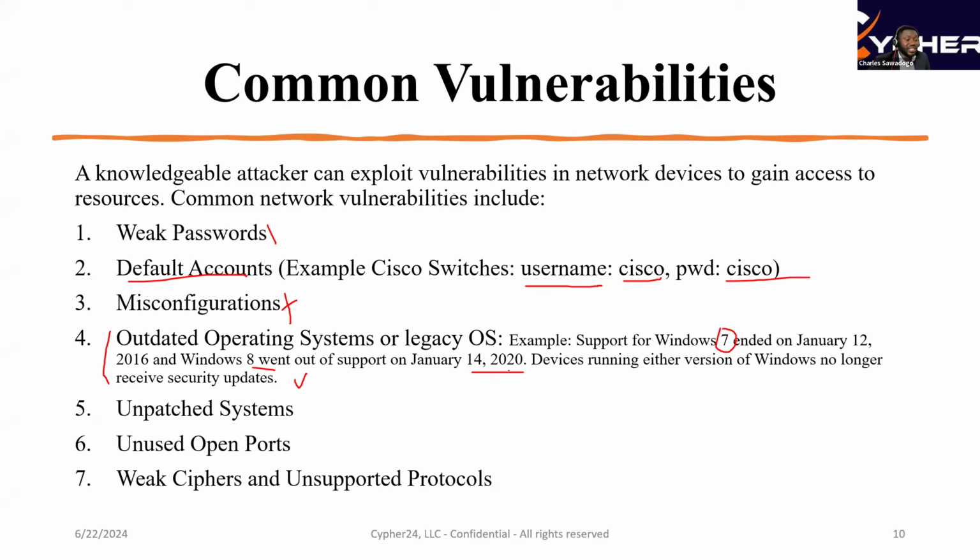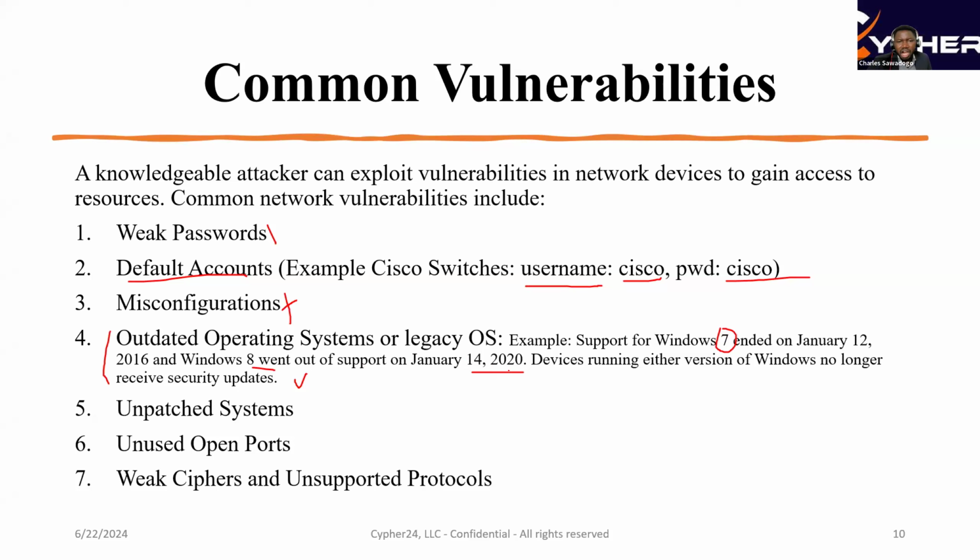So I worked at a company where they were still using Windows Server 2003. It is outdated. No patches. I said, why can't you guys move? They said, no, our applications only work on Windows 2003. If we try to shut these servers down, our applications are going to go down.